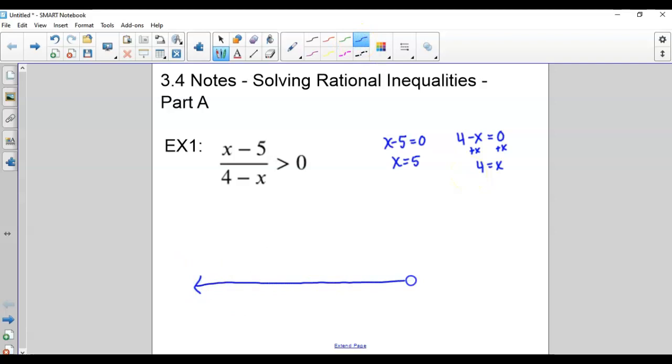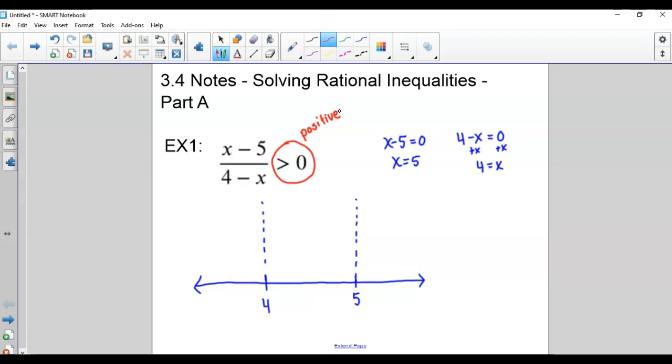Okay, I'm going to make myself a number line here. And on that number line, I'm going to include the points 4 and 5. That breaks my number line up into 3 sections. For this problem, I'm looking for greater than 0, so I'm looking for a positive answer.